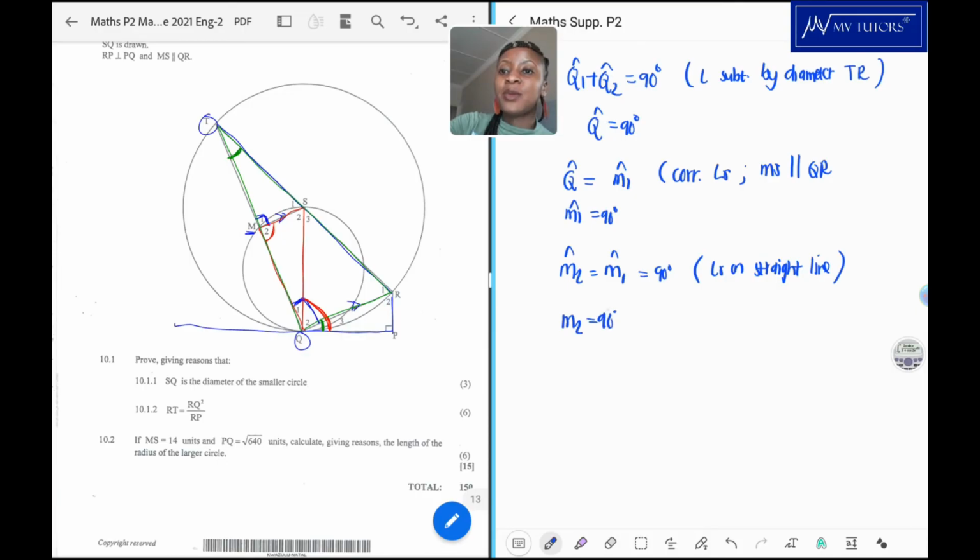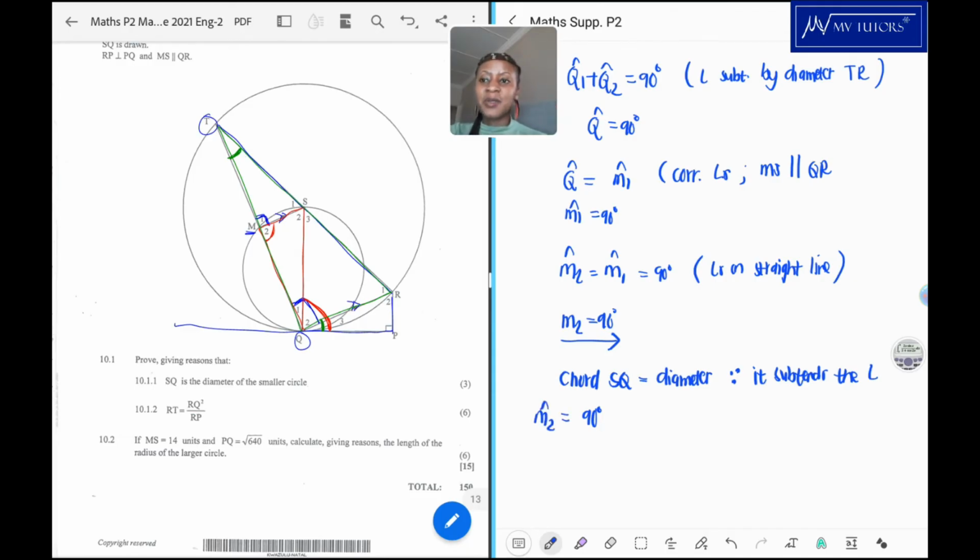Now we know that chord SQ is a diameter because it subtends the angle M2, which is equal to 90 degrees.